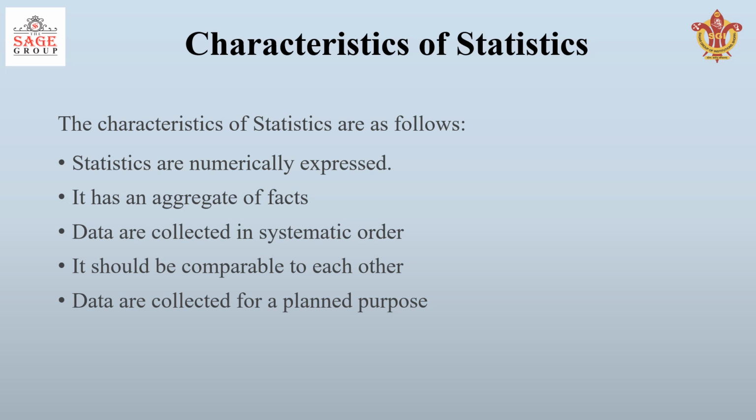When we say comparable, it means we should be collecting data which can be compared to each other. For example, when we are talking about the height of given individuals in a group, and we have to draw a comparison between the heights of people in, say, group A and group B, then it always has to be in the same units, right? Next, data are collected for a planned purpose. So whenever we are collecting data, we should have the objective very clear in our mind.